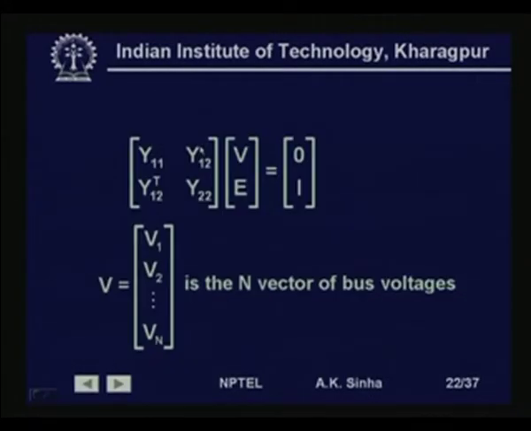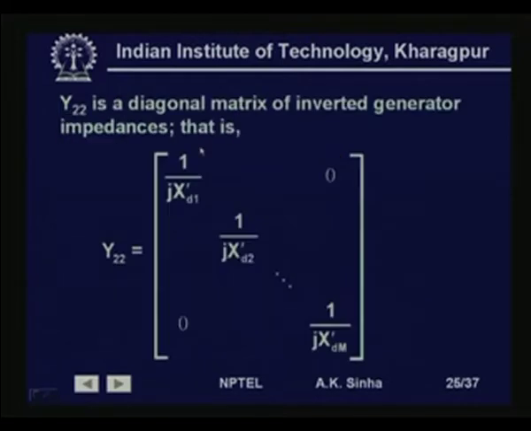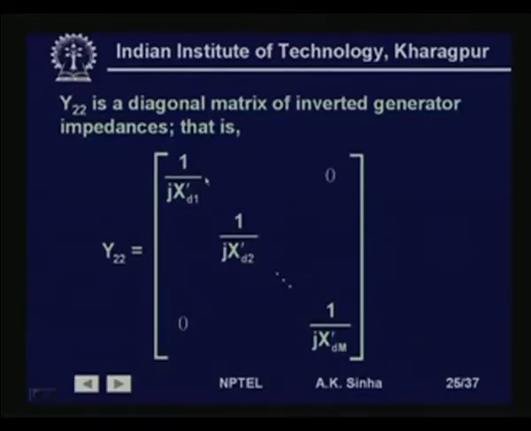So, we will get Y22 as an m by m matrix in which only the diagonal elements will be available, which will be the reciprocal of the generator impedances. All the off diagonal elements will be 0 in this case.